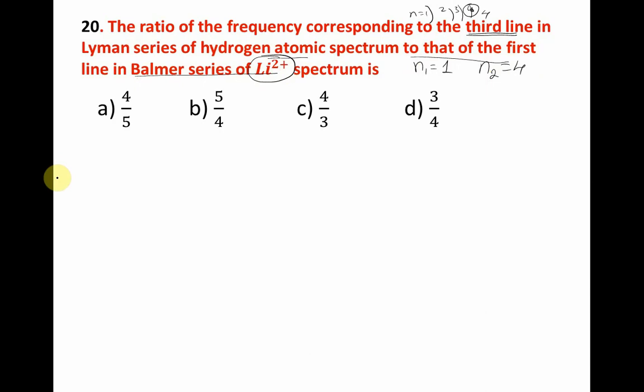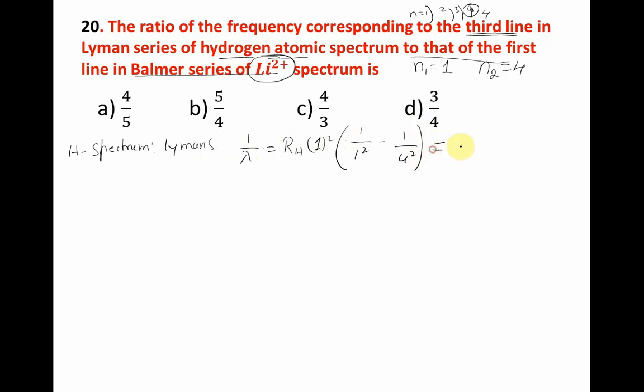So for the Lyman series corresponding to the hydrogen spectrum, 1 by lambda is equal to RH into Z square, Z square means 1 square, into 1 by 1 square minus 1 by 4 square.